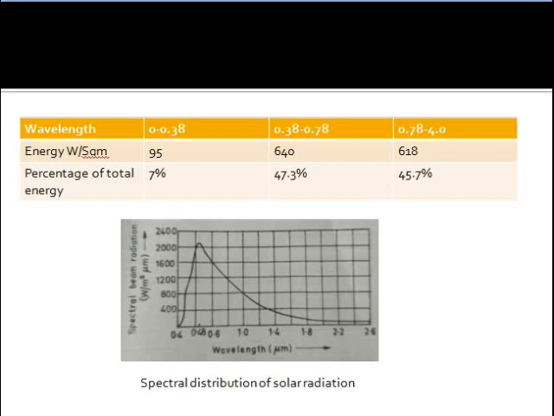640 watts of energy is falling on the surface of the earth for an area of 1 meter square, and that is because of the visible light. Then we have 45%, or roughly 46%, as I explained in the last class, and the same as 1618 watts of energy per meter square of space.